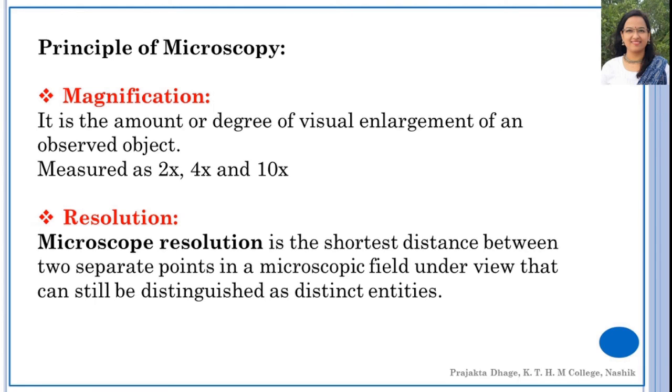The perfect resolution is the one at which you will see these closely placed small objects distinctly. If the distance between these closely placed objects can be seen properly, then you call it good resolution.